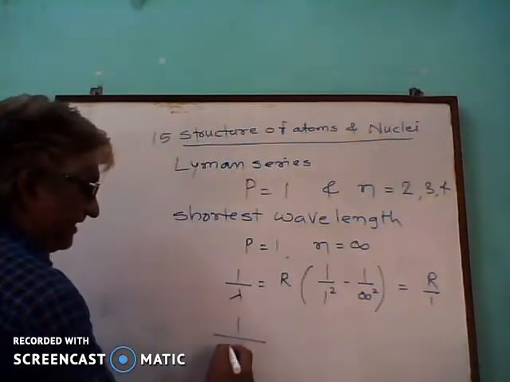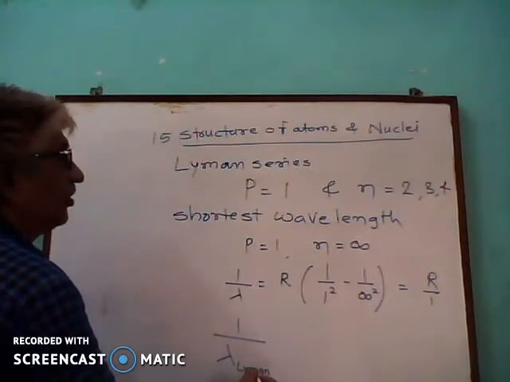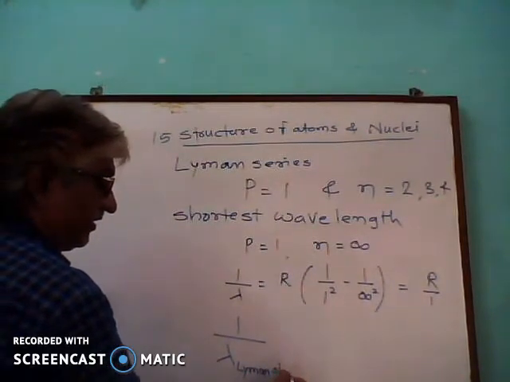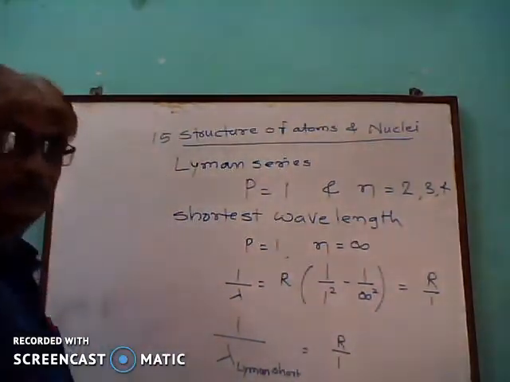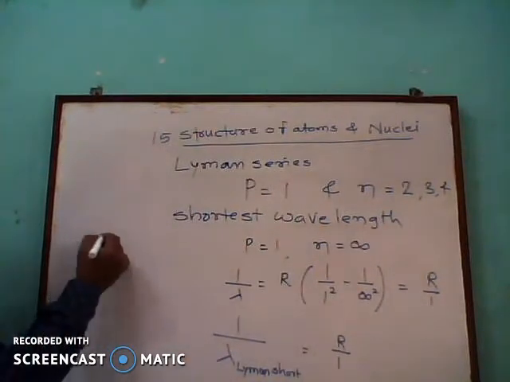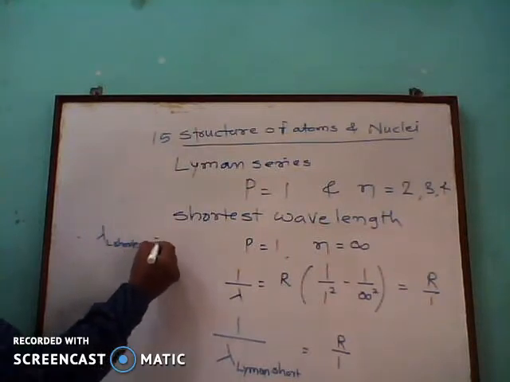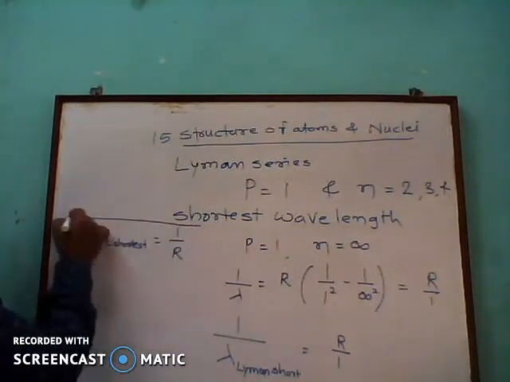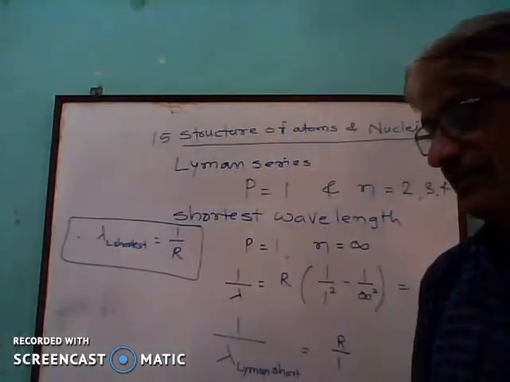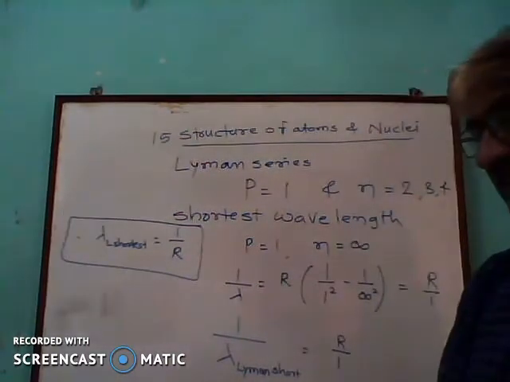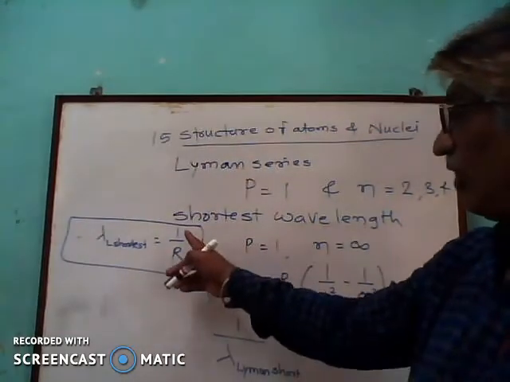So we can say that lambda Lyman for shortest wavelength is equal to 1 upon R. For longest wavelength, we take 4 upon 3R, and for shortest wavelength, 1 upon R.